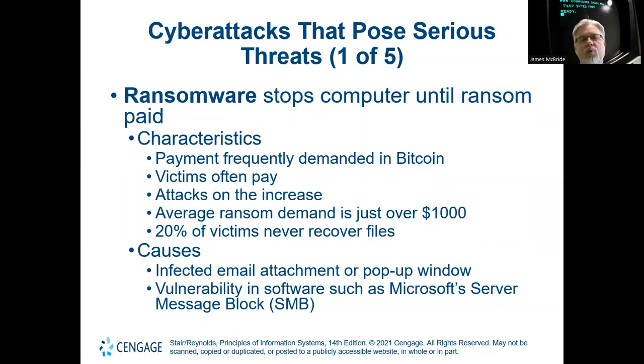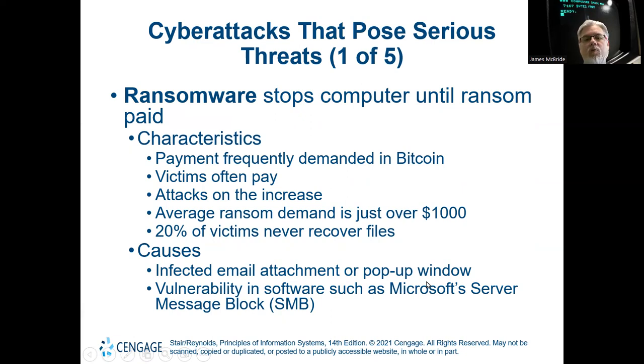So in this kind of situation, they may actually gain a backdoor into your system and go ahead and encrypt your hard drive. And then you're locked out of those encrypted files because they have the password to it. And then they say, you pay us money, and you pay them money, and 20% of them never get their files back. So infected email attachments and pop-up windows are the biggest reasons for that.